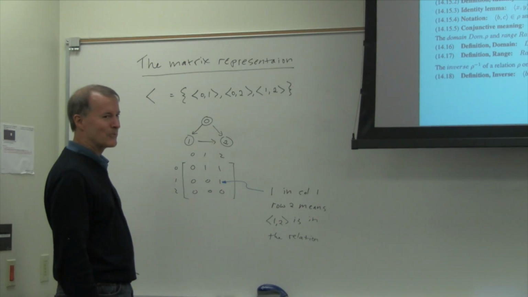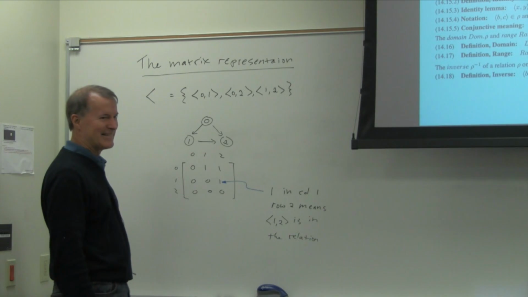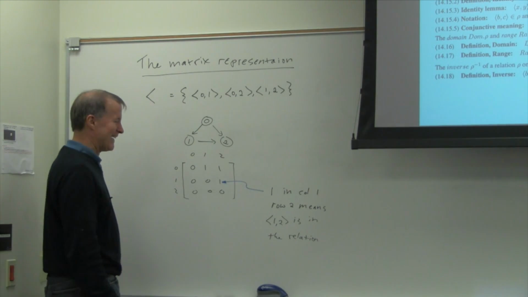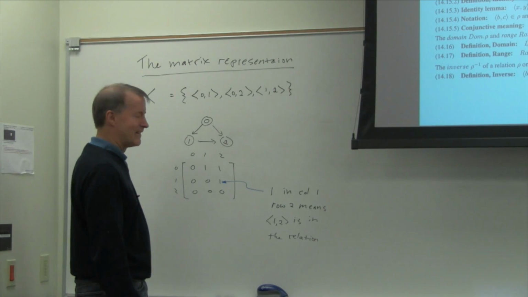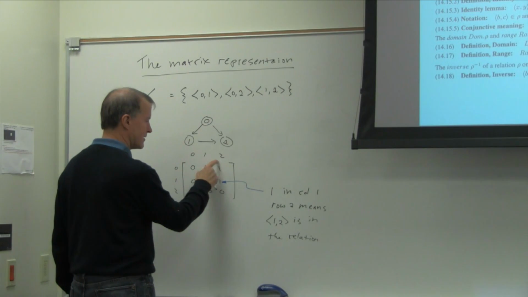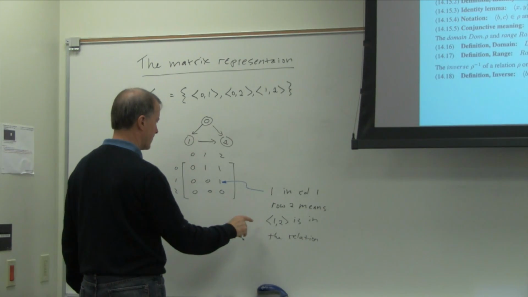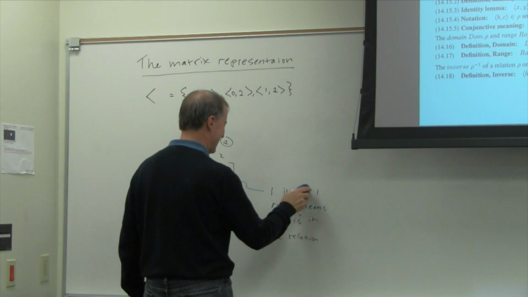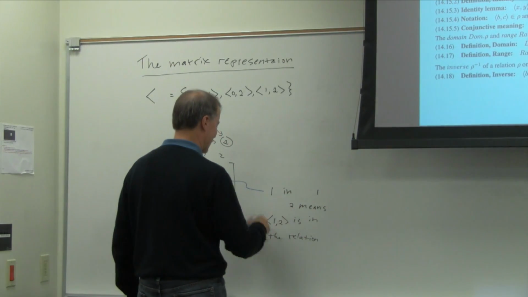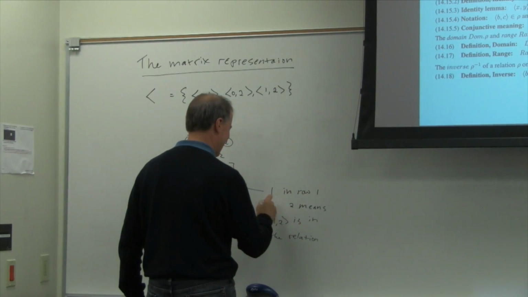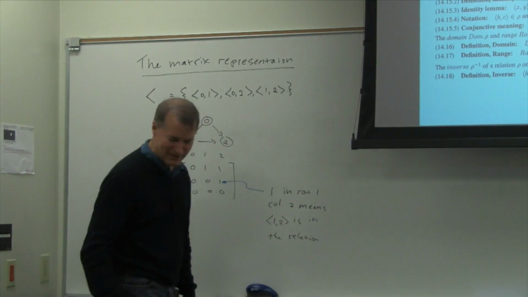I said row 2. How is it column 1? He's saying it's the second column. Oh, wait. No wonder. Column 2. Row 1, column 2. Rows are horizontal.